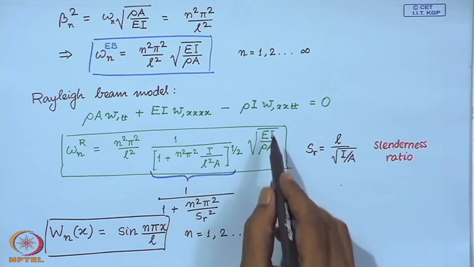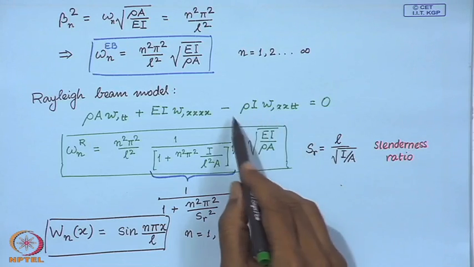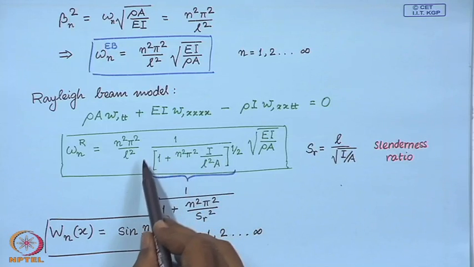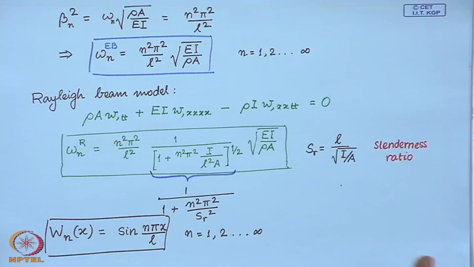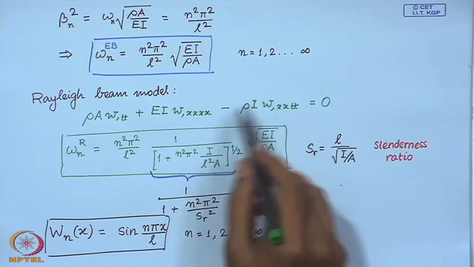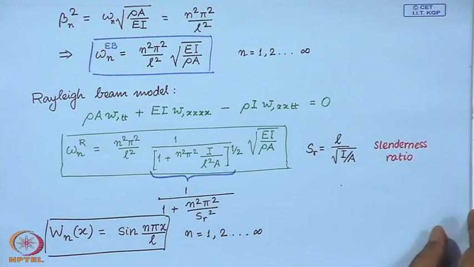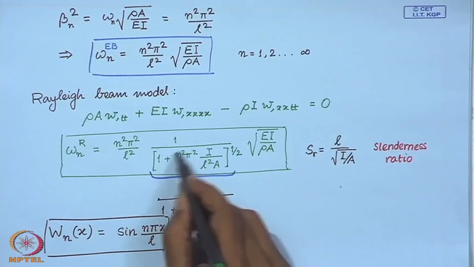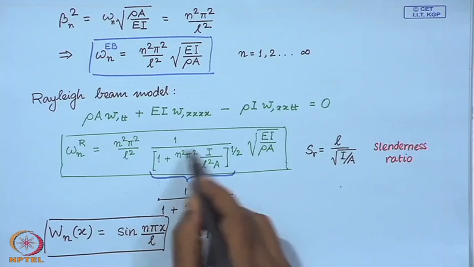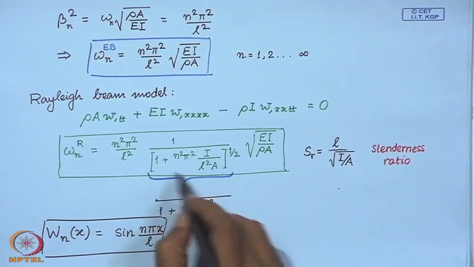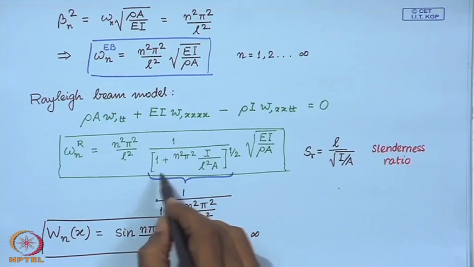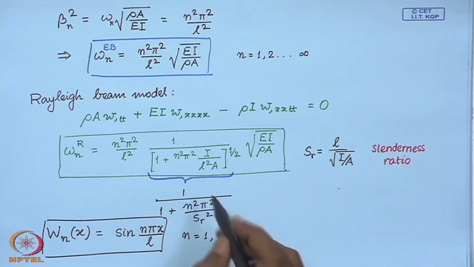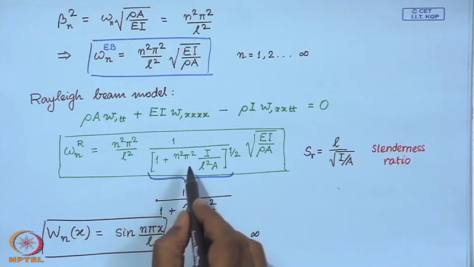So, as you go to higher and higher modes, this term brings in an increased effect because of higher curvature and, of course, because of higher frequency. So, as you go to higher modes, this term becomes substantial, and that then starts affecting the eigen frequencies, which is not there for the lower modes.